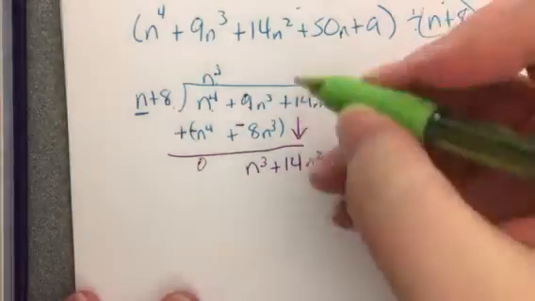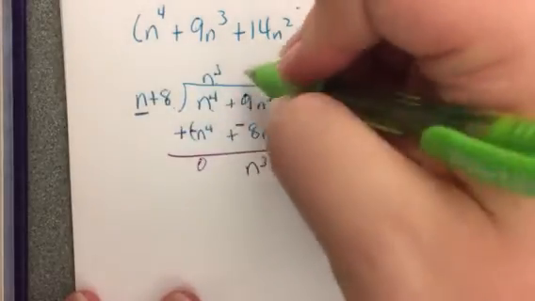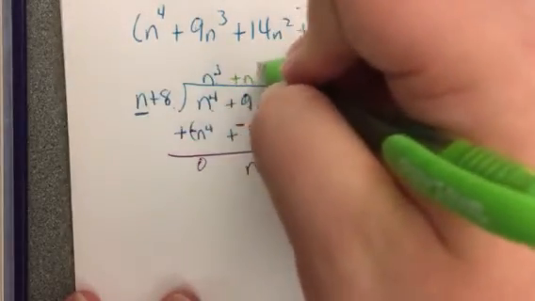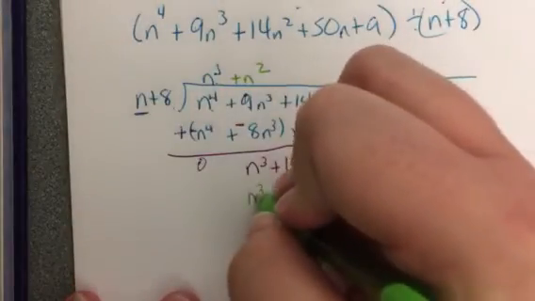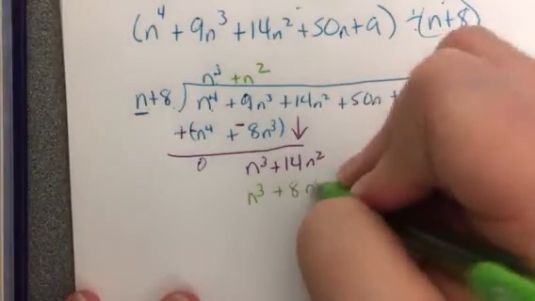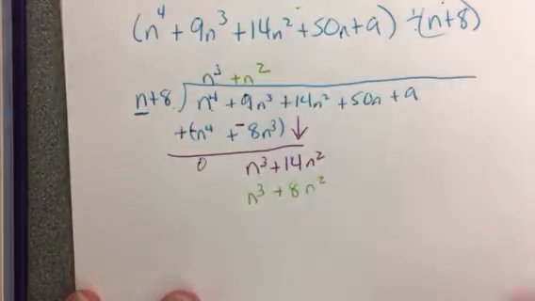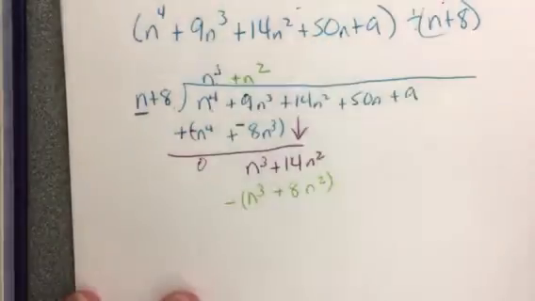Repeat the process. n to the third divided by n is n squared. n squared times n is n to the third, n squared times 8 is 8n squared. Subtract.